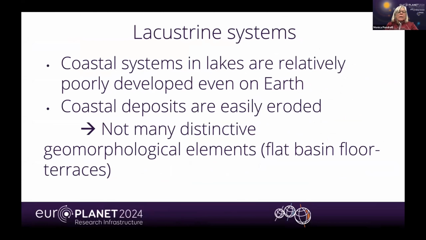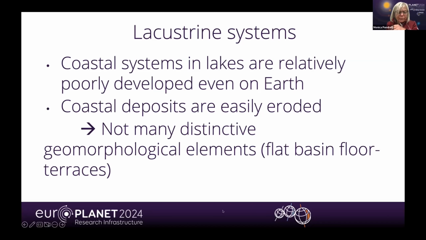Coastal systems are more difficult to detect because coastal systems in lakes are relatively poorly developed, and this is true even on Earth. And in any case, coastal deposits are easily eroded. That's why it's so difficult to establish whether the famous Martian Ocean existed or not, because these deposits are the first ones to be eroded. So we don't have many signs.